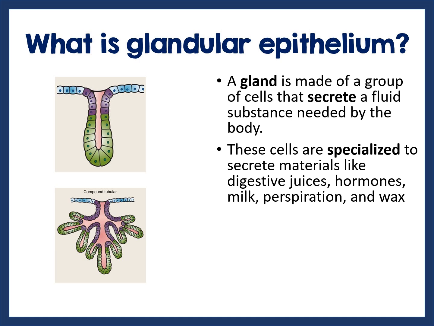The cells that secrete these fluids are specialized to secrete materials. It could be a digestive juice in the stomach. It could be hormones, milk production in the mammary glands, sweat production in the skin, or even wax production in your ears.